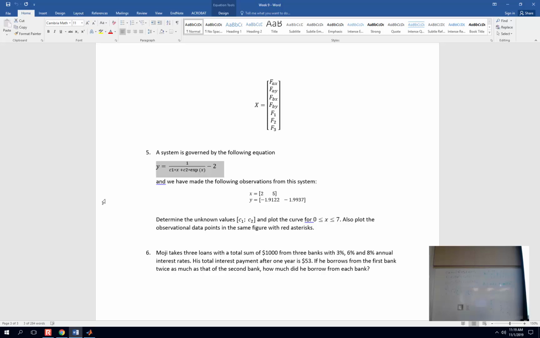Let me give you a very simple example. I have y equal to c divided by x. Is this equation linear with respect to c or not?